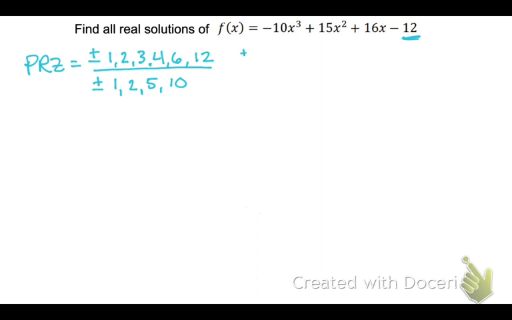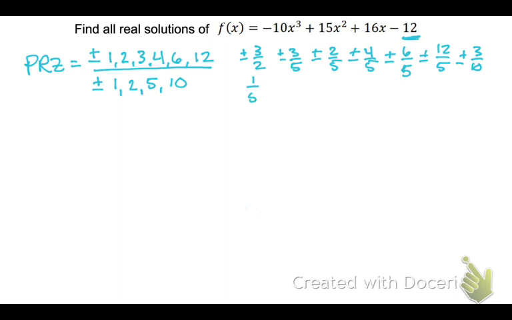But then I also have plus or minus 3/2, plus or minus 3/5, but I have 2/5, and I have 4/5, and I have 6/5, and I have 12/5. And I have 3/10. That's disgusting. Oh, I forgot I had 1/5. I have 1/10.